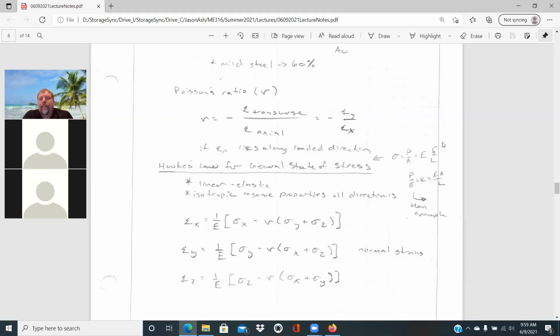Likewise, you can rearrange to solve for the displacement. The displacement would be equal to P times L over EA. That really gets into the crux of the next chapter, dealing with axial loading conditions, making use of that.